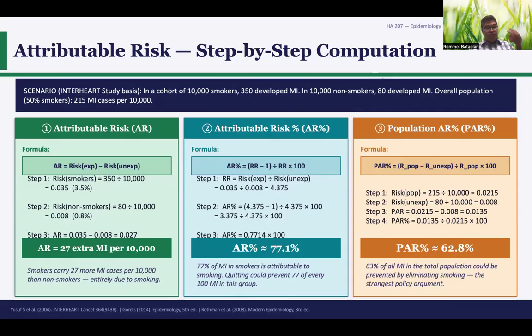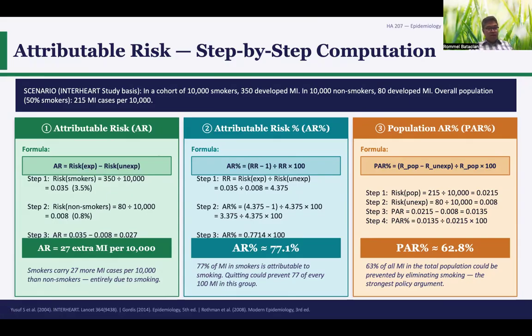So let's compute for the attributable risk. Attributable risk, also called the risk difference, asks how much additional risk do smokers carry compared to non-smokers, purely because they're smoking and not considering other factors. So you calculate first the risk among the smokers. So 350 had MI divided by 10,000 smokers.